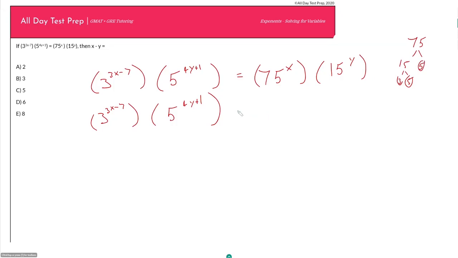I can write 75 raised to the x as 3 times 5 times 5, raised to the x. And then 15 is just 3 times 5. So I know I'm on the right track because now I have some 3s and 5s on my left side, and a bunch of 3s and 5s on my right side as well.